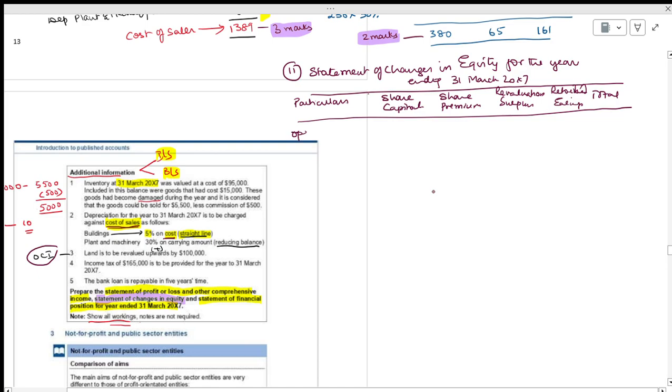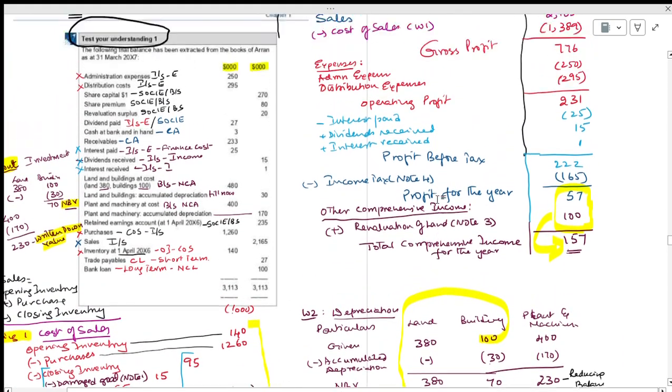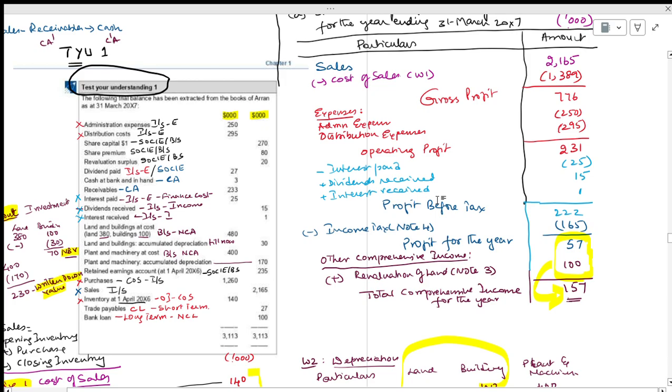First, opening balance. Opening balance is nothing but given in the question. How much is the share capital? One by one, starting from Hussein. How much is the share capital? 295. 200. 270, my dear.